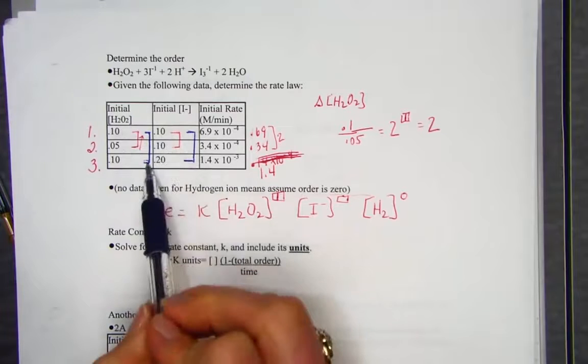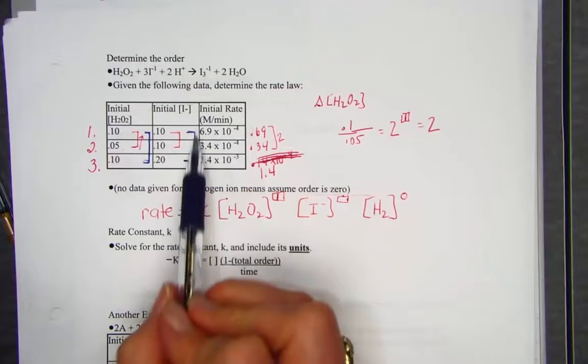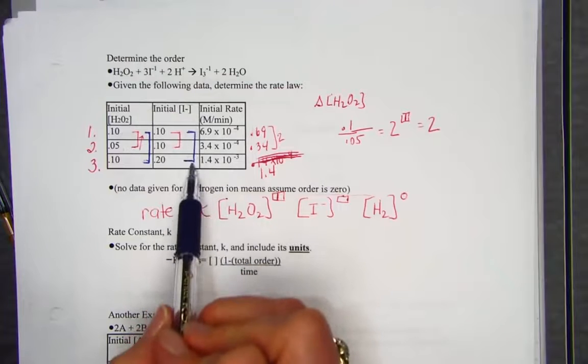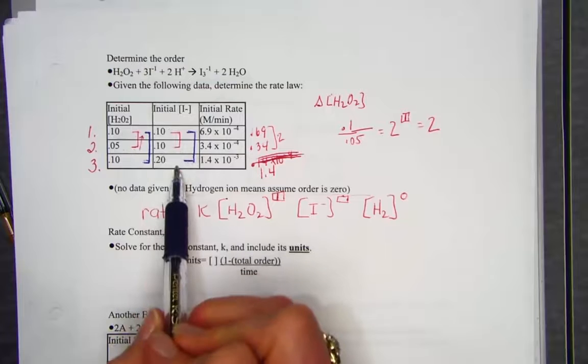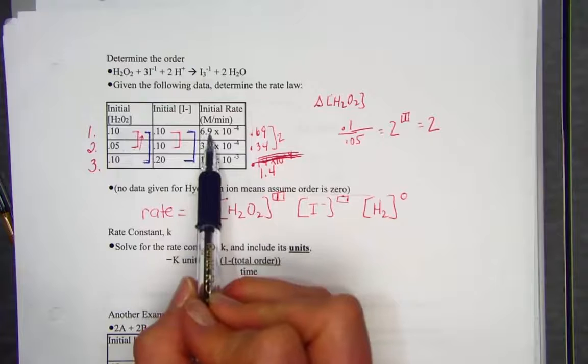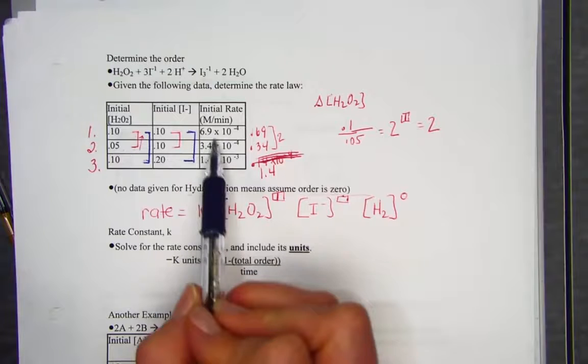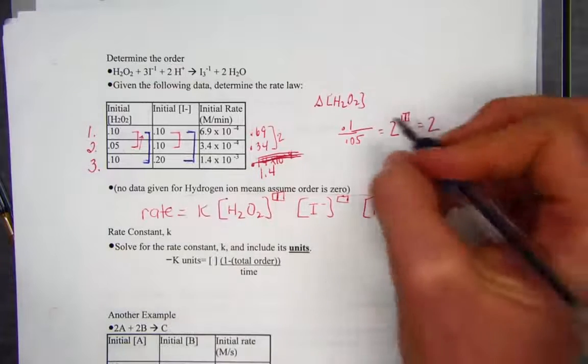I like holding one constant and changing the other. Therefore, the rate is only being influenced by the iodide. If I doubled the concentration from 0.1 to 0.2, consider this about 7 to 14. 7 doubled gives me 14.